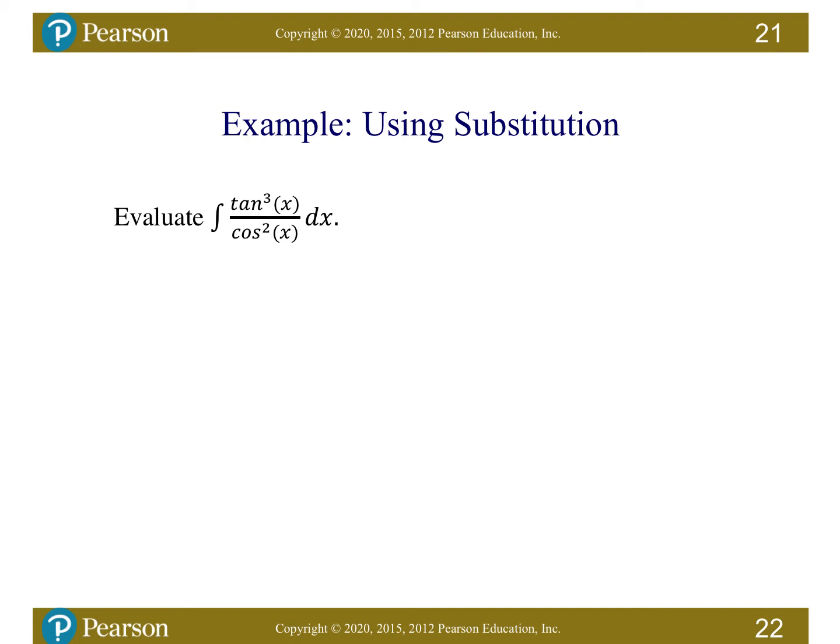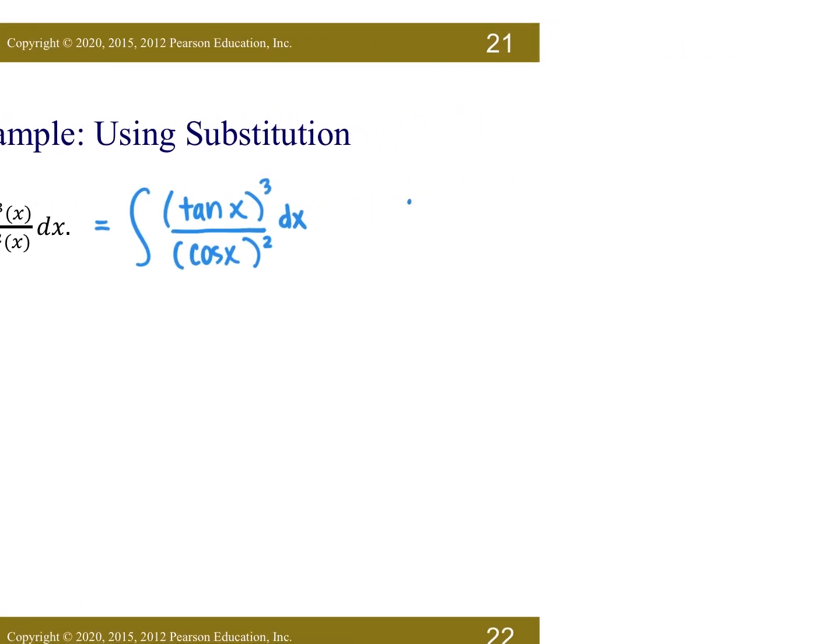You would understand that this means parentheses tan x, quantity with the cube on the outside, and parentheses cos x with the quantity squared on the outside. So when you have 2 "of"s, pick the higher power. So my u choice would be tan x.